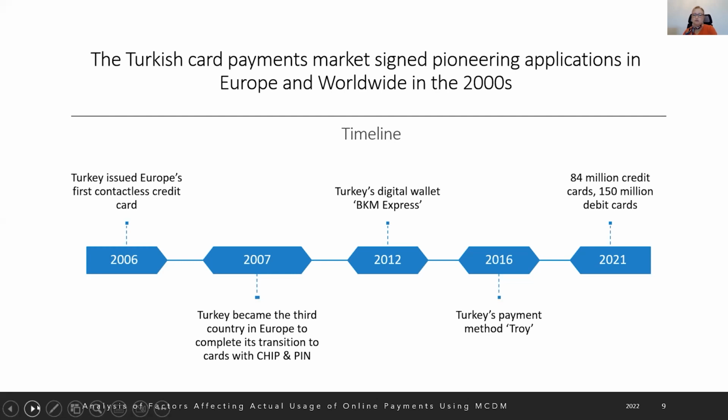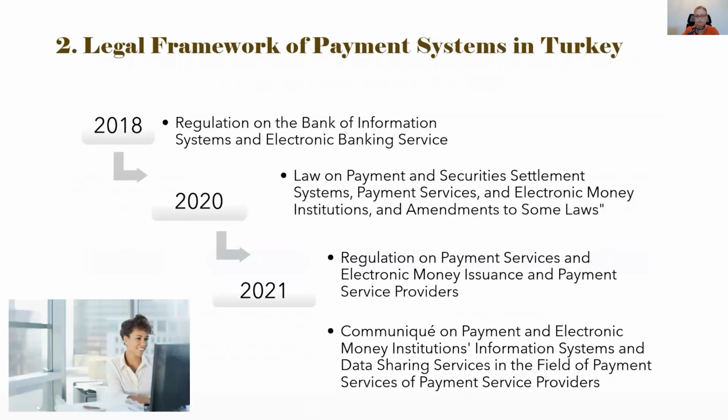And Turkey's digital wallet, BKM Express, was launched in 2012. And in 2016, we see Turkey's first domestic payment method launched, which is called Troy. Currently there are 84 million credit cards and 150 million debit cards in circulation.